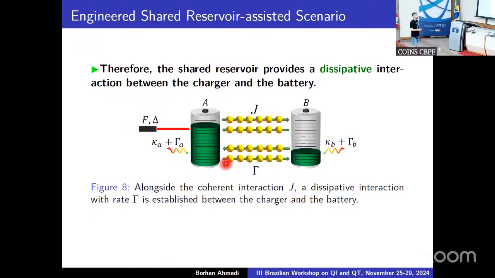As a result, I can display this shared reservoir effect by 2 terms: one is a pure dissipation and one is a dissipative interaction. Okay, so from now on, I will have 2 kinds of interaction between the 2 systems, one coherent and one dissipative, and with 2 kinds of dissipations.